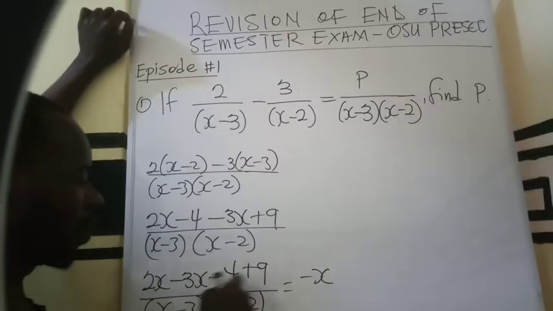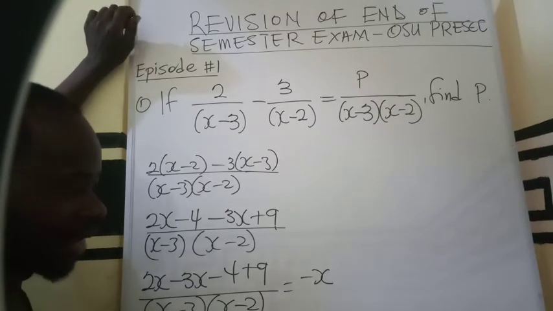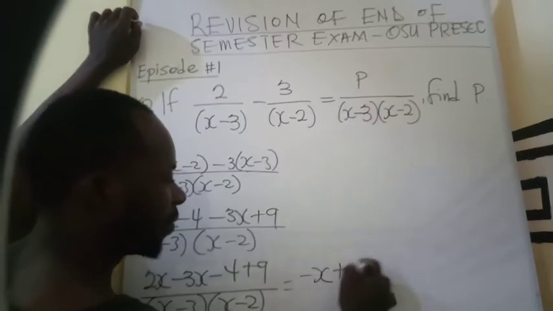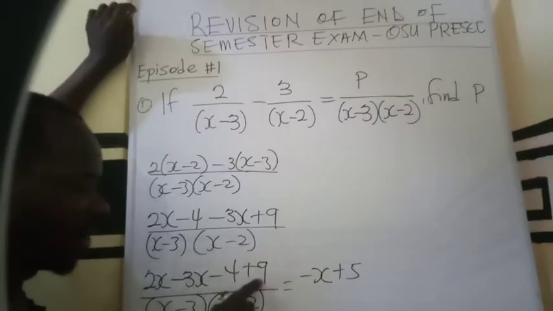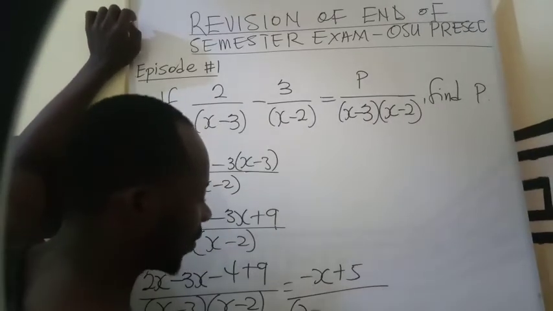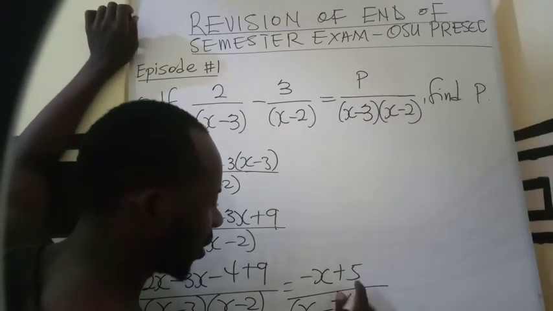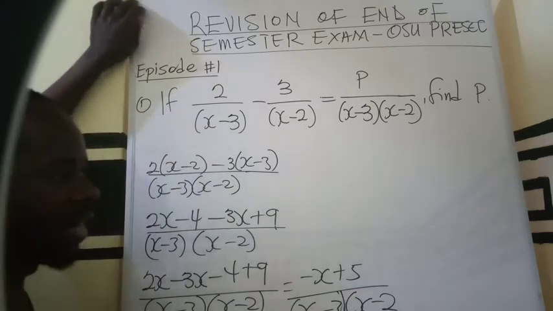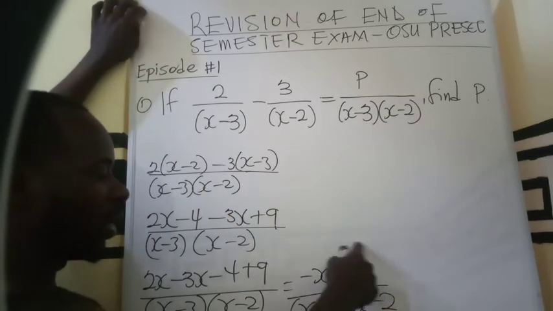Then minus 4 plus 9 will also give us plus 5, in the sense that we can say 9 as a positive minus 4. So we can get our positive 5. So x minus 3, x minus 2. So we can see that there is no other way we can simplify this.